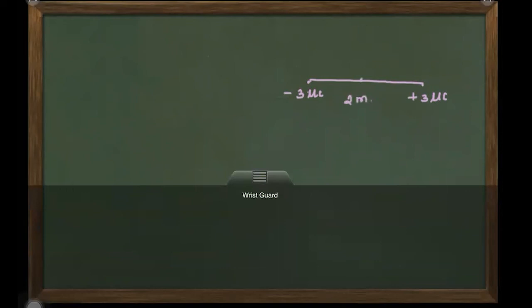Now, this is its midpoint. I'm going to take a point here, P, which is situated at a distance of 6 meters from the center O. This is A, this is B, and this is P. So the distance from here to here is 6 meters.